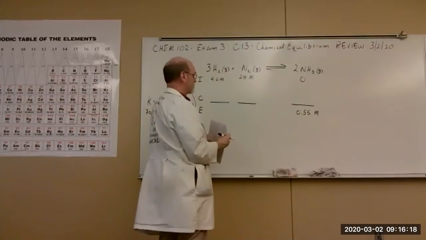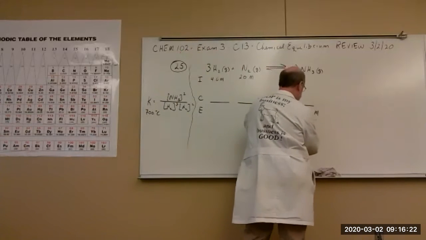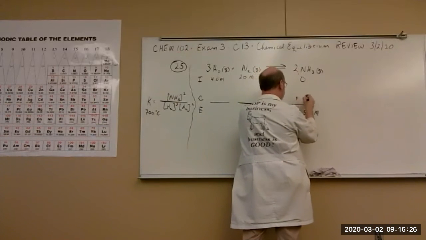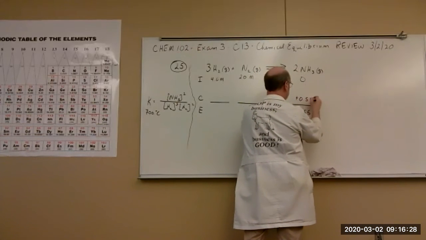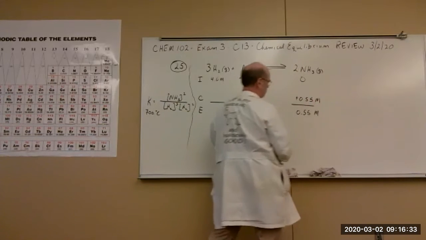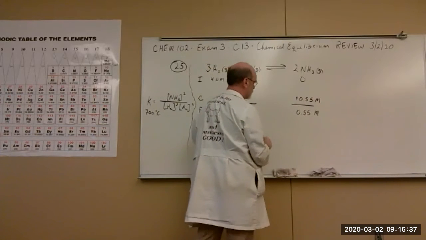So let's see. If we end up with this much final, and we started with 0, that means we had to add that much, didn't we? That's the only way that we could get 0.55 out of this situation.